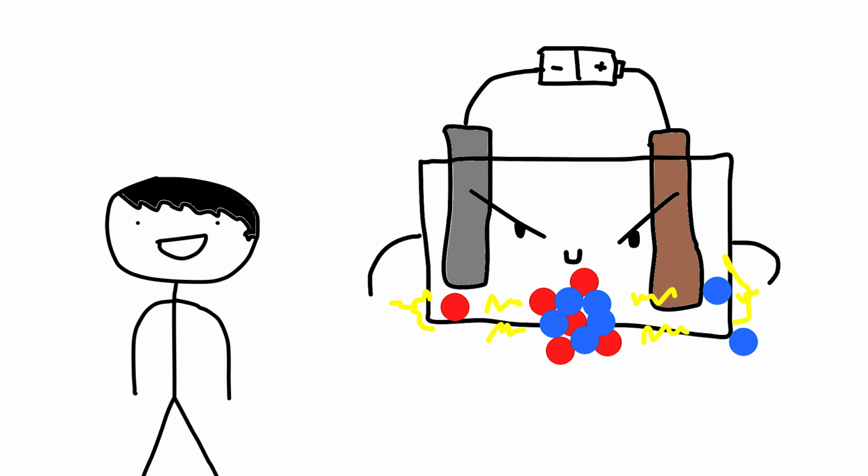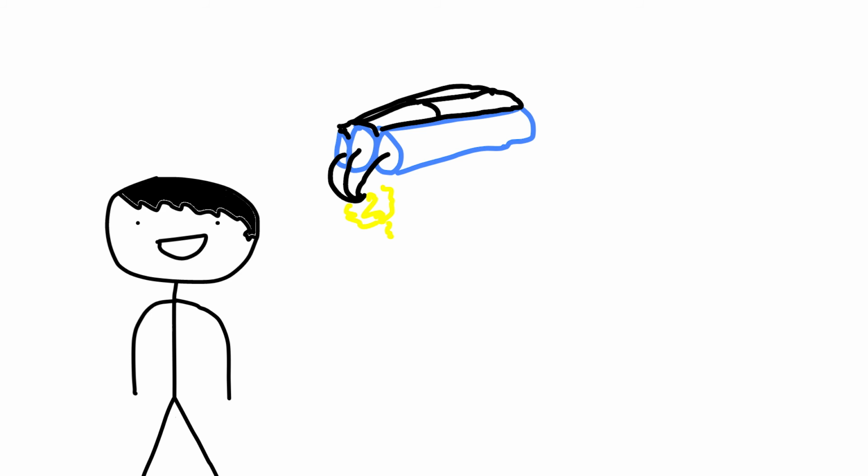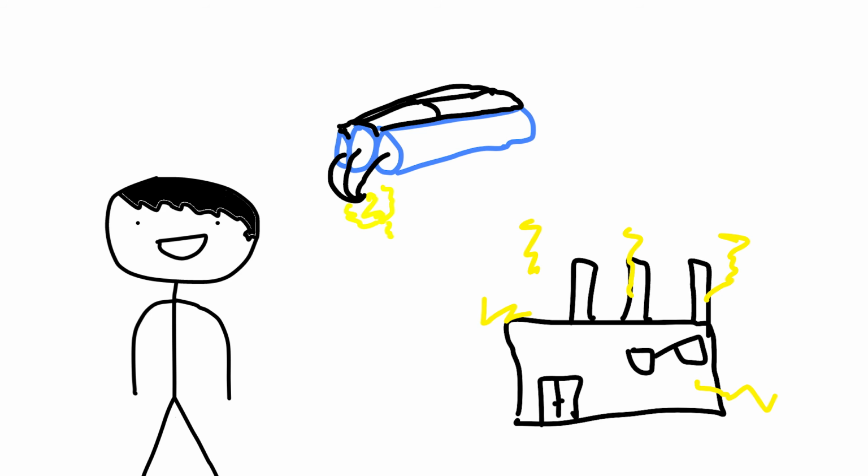So now that we just finished with galvanic cells, we can move on to electrolytic cells. You can usually find these in rechargeable batteries or workshops where you would be trying to separate ions from a molten or aqueous electrolyte.